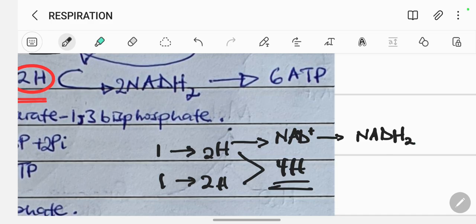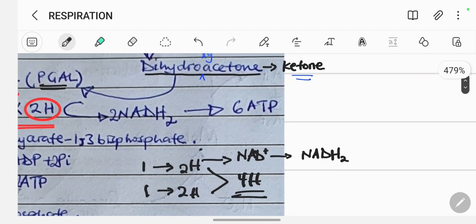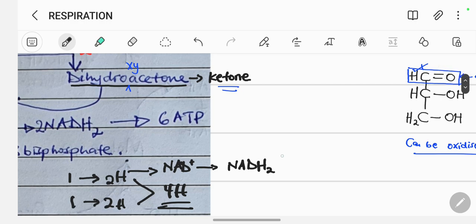Now as it turns to reduced NAD, every NAD molecule gives us 3 ATPs. This is found in the electron transport system.